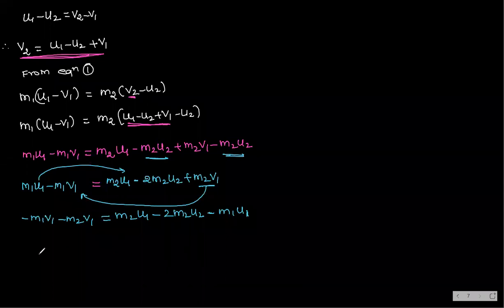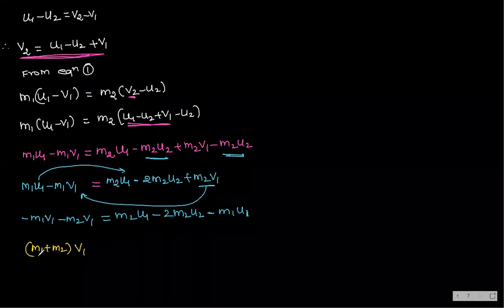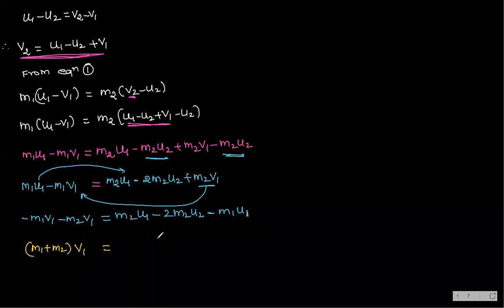Okay. So now next step, if I multiply with the minus sign, I get something like this: (m1 plus m2) into v1 is equal to, multiplying by minus, m1 u1 plus 2 m2 u2 minus m2 u1.